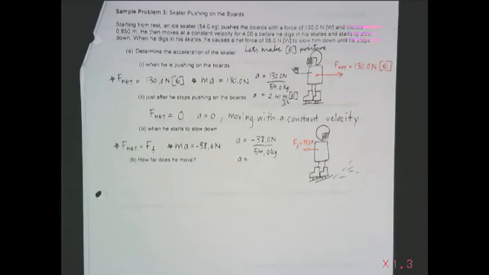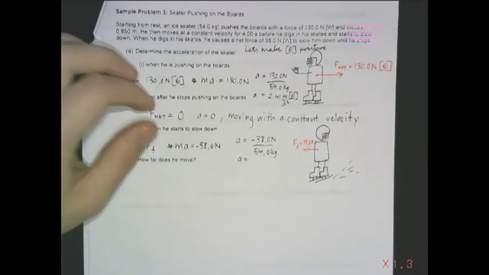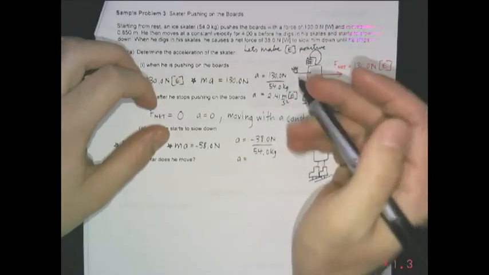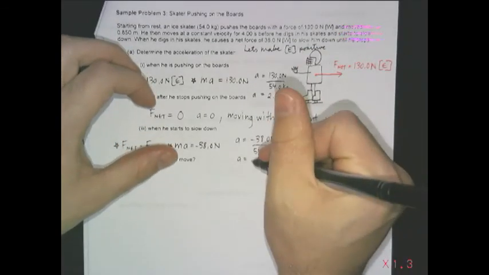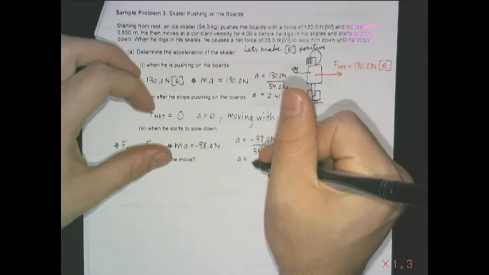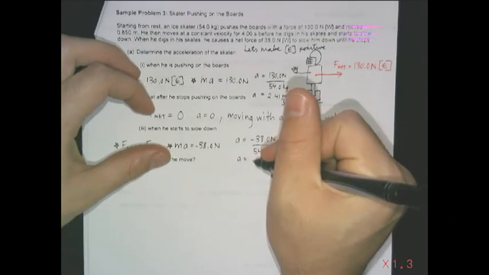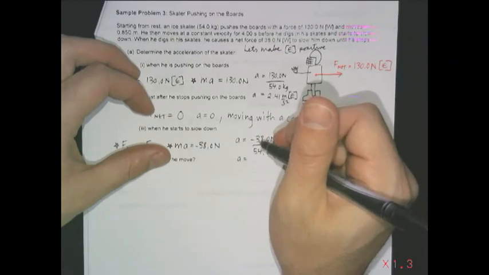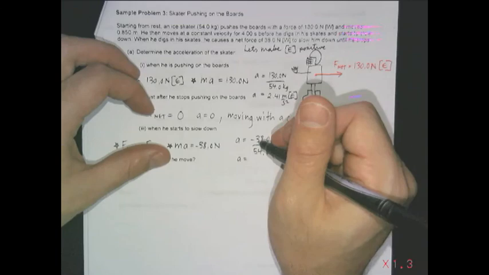What did you get to 3 sig digs? Negative 0.701. Do we concur? Nope, I got 0.704 meters per second squared west. Same?